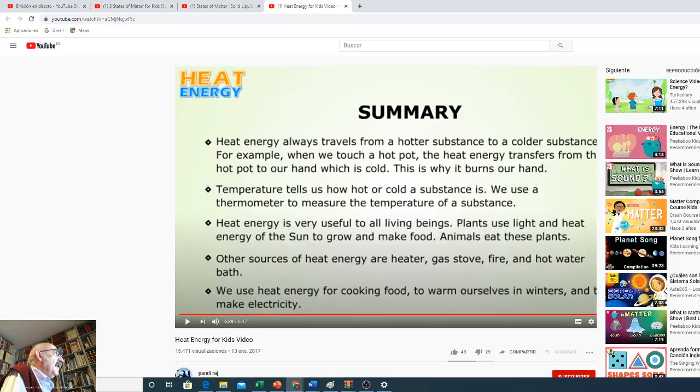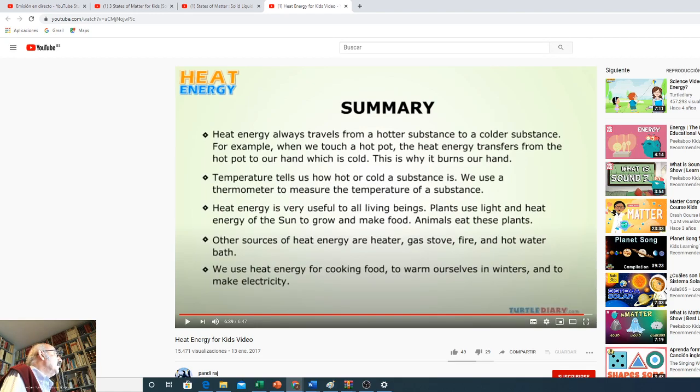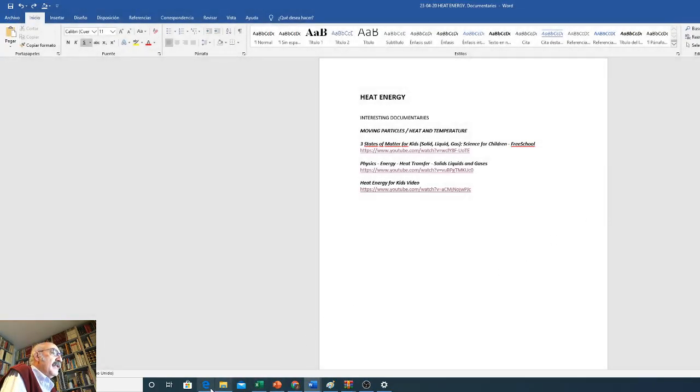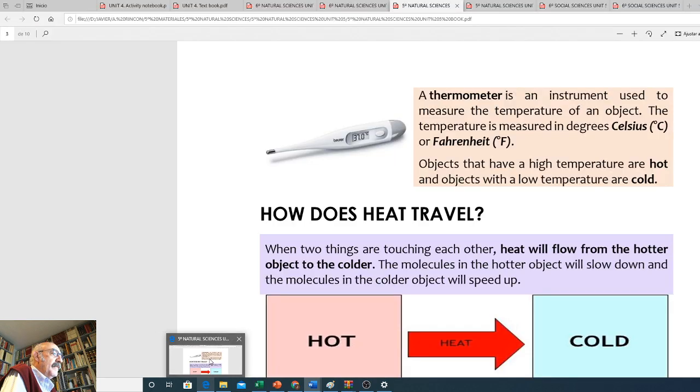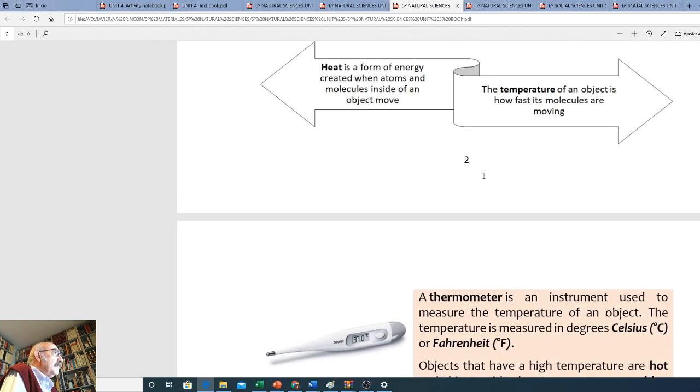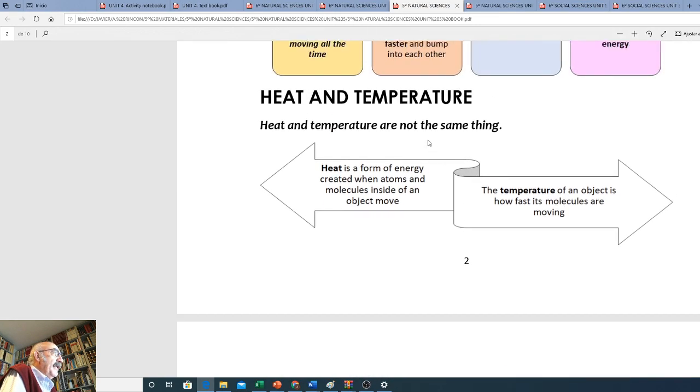And now let's go to our text part. So the thing you need to do today is to read about heat and temperature. Only that, heat and temperature. On page number 2, you have these two definitions.